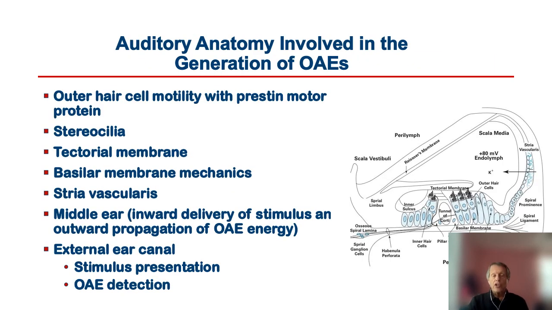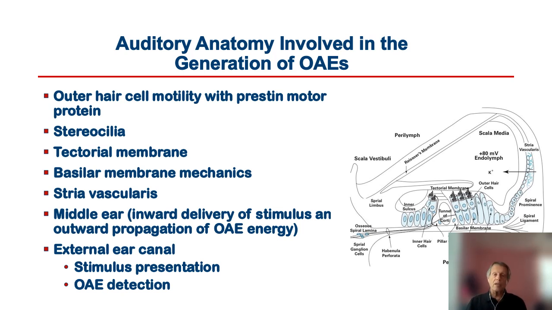Now, the generation of OAEs obviously involves the outer hair cells, but other parts of the cochlea and other parts of the auditory system also play a role. So the outer hair cells are generating the OAEs. The motility of the outer hair cells in response to sound produces the energy that we record as OAEs.